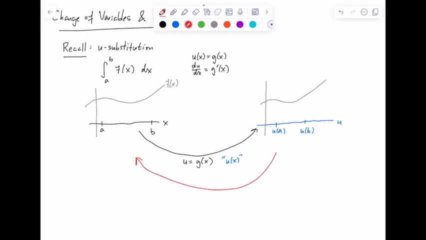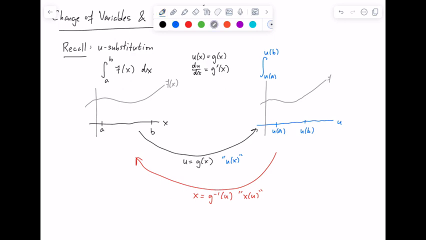Conversely, there is also an inverse to u, which we could denote g inverse of u, or x as a function of u, which brings the new interval u of a to u of b back to the interval a to b. And so when we're doing a u substitution, this is all going on in the background, and we've transformed our integral f of x from a to b into a new integral, where the domain of integration is now replaced by u of a to u of b.